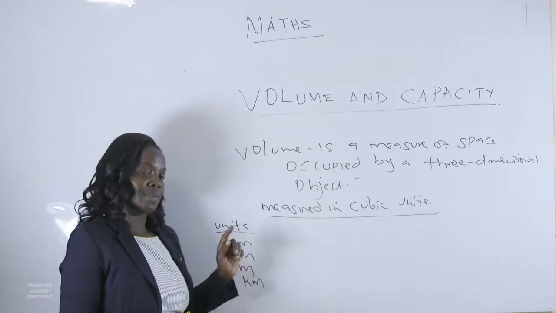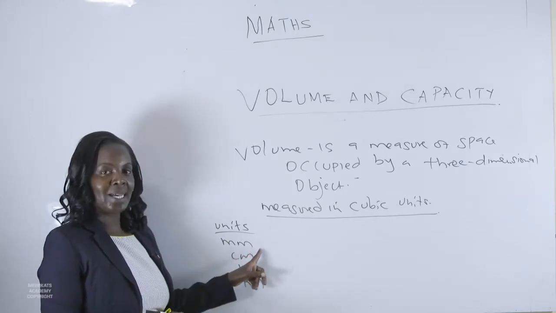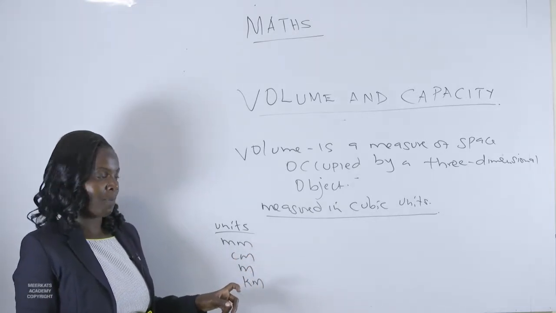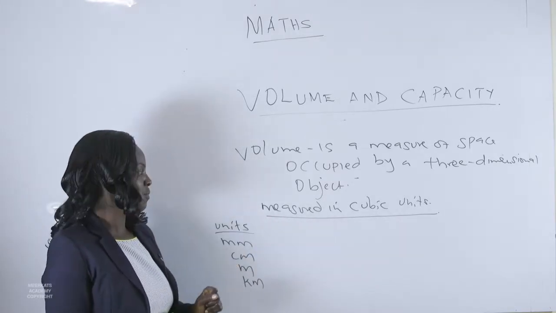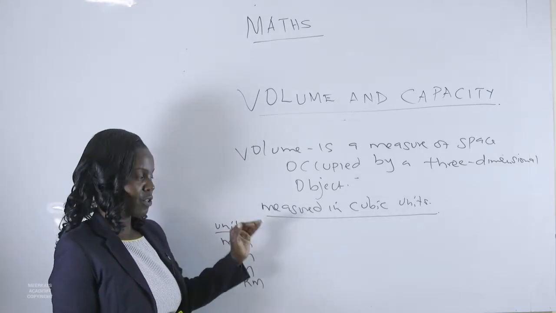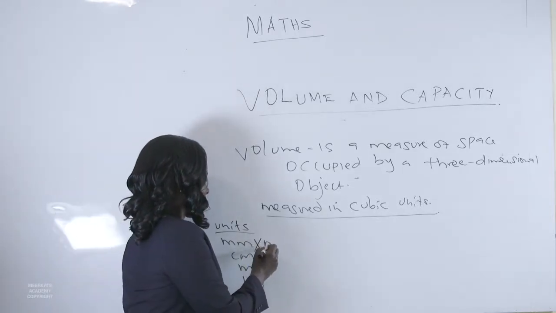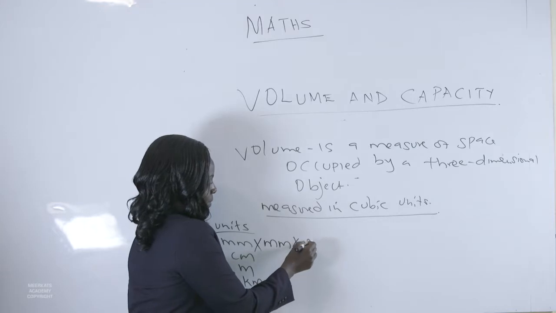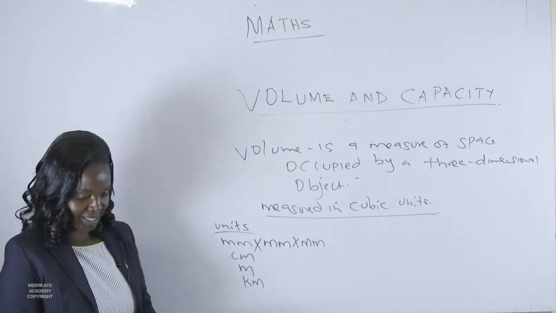We said that when you are measuring area, we use square units, meaning you multiply the unit by itself. For volume, we use cubic units, meaning we multiply the unit by itself 3 times.